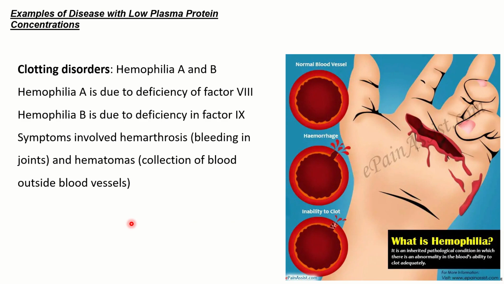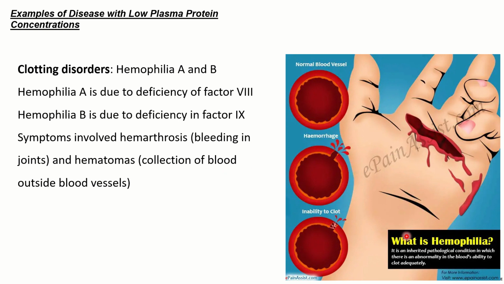Also, clotting disorders are some of the examples of these diseases. As we said in the last video, we have hemophilia. So when one has a deficiency of factor 8, they will have hemophilia A, and when one has a deficiency of factor 9, they will have hemophilia B. And the symptoms involved are hemarthrosis, that is bleeding in joints, and hematomas, that is collection of blood outside of blood vessels.